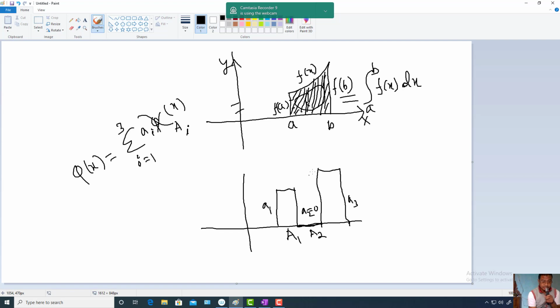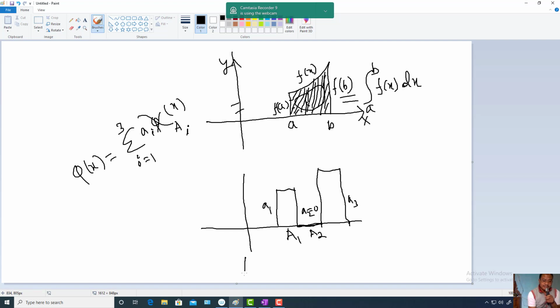According to this definition of integration, the integration is very simple. You have to find the area of the region. What is the area of the region? This is a rectangle, and this is a rectangle. This rectangle has height equal to 0, therefore its area is 0.